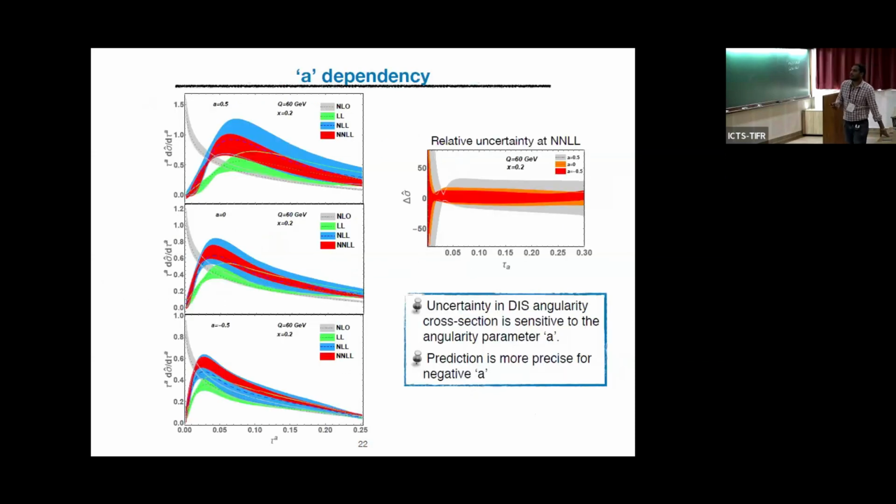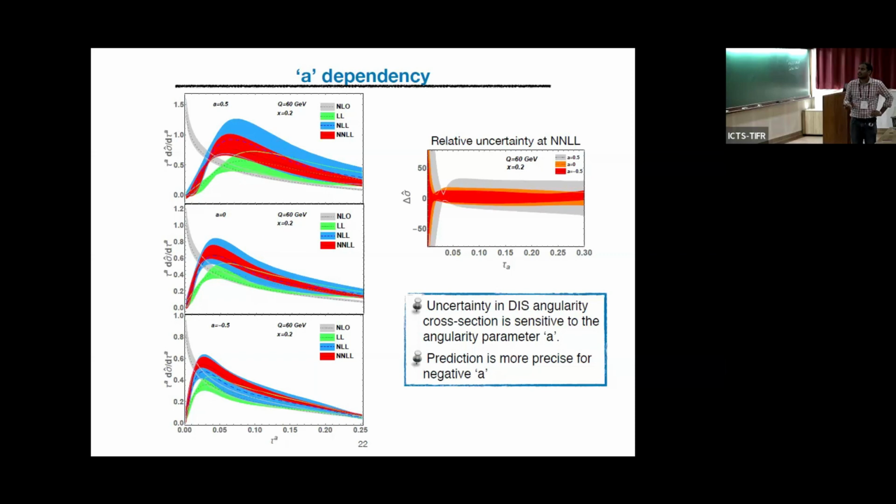Now the angularity parameter study. As this cross section also depends on the angularity parameter, you can think of the angularity parameter as part of the kinematics now, along with x. The angularity parameter has this kind of dependency.